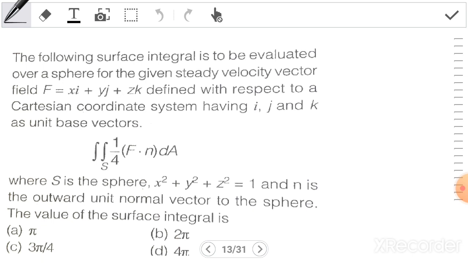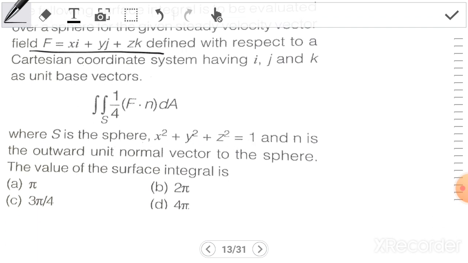The following surface integral is to be evaluated over a sphere for the given steady velocity vector field F defined with respect to a Cartesian coordinate system having i, j and k as unit base vectors. Where S is the sphere with a unit radius and n is the outward unit normal vector to the sphere. So the value of the surface integral is. So you need to find the surface integral here.